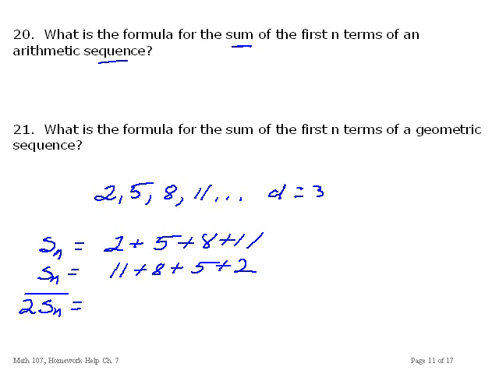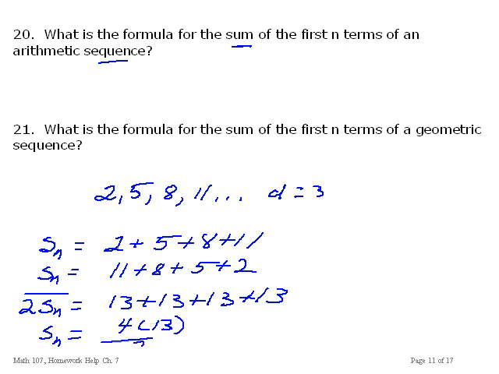But look what happens when I add them together. I get 13, 13, 13, and 13. Interesting. So the sum would be all of these 4 13s divided by 2. But I could abbreviate this as 4 times 13 divided by 2.